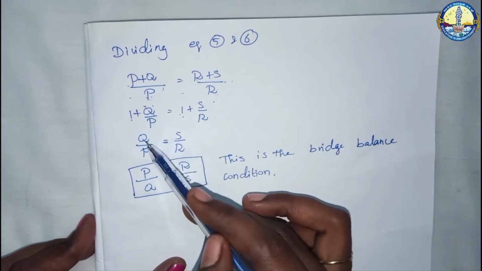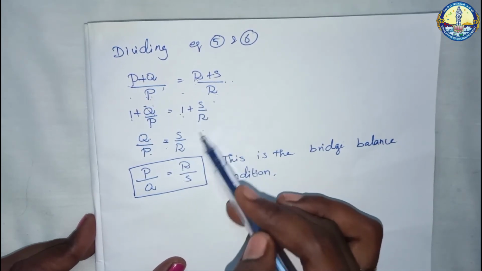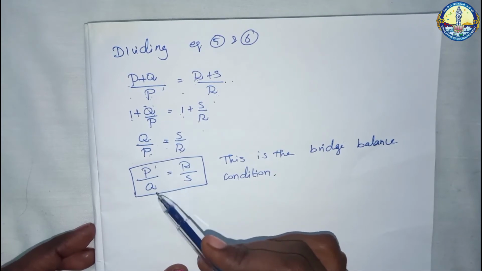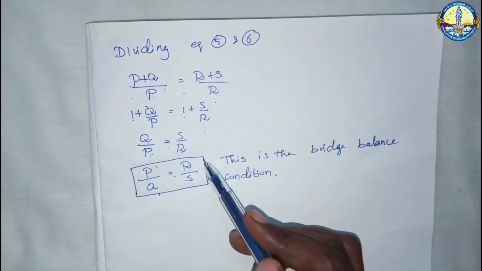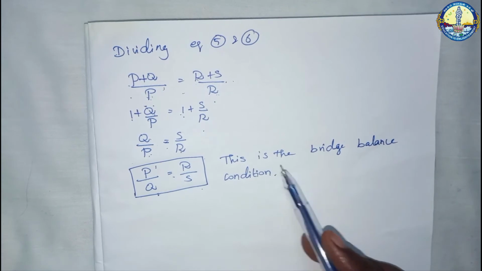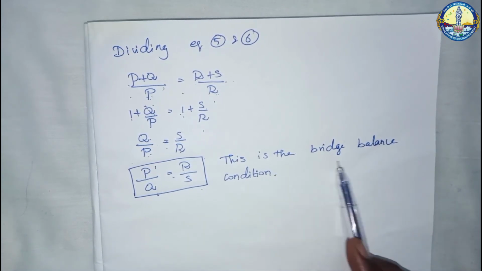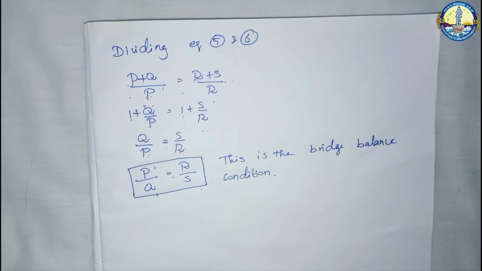These 1s get cancelled. Now Q by P is equal to S by R. So we can also write this as P by Q is equal to R by S. This is the bridge balance condition. Only under this condition the galvanometer shows null deflection.